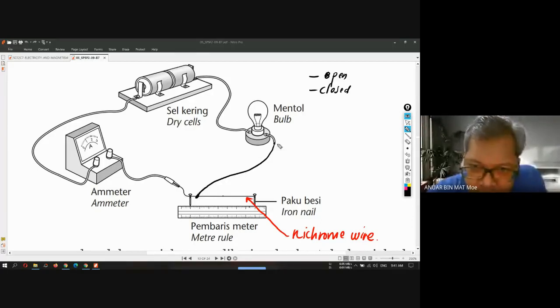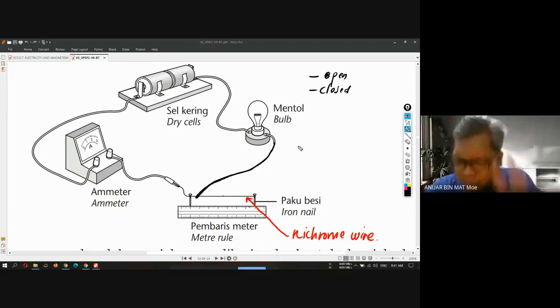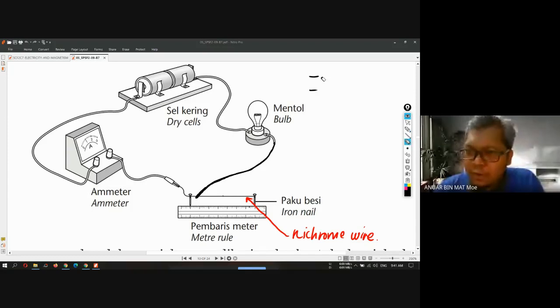Can you see my drawing? Now the circuit is closed. But never mind, in order to avoid confusion, I will just erase this. No need to know about open or closed.